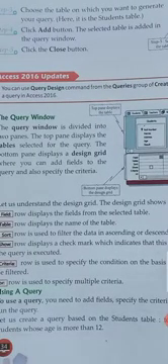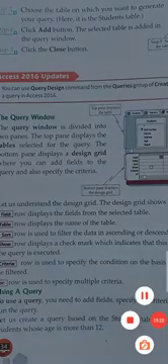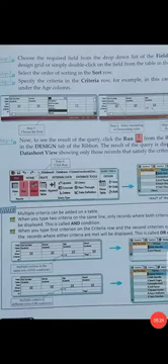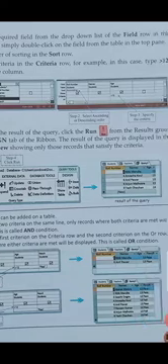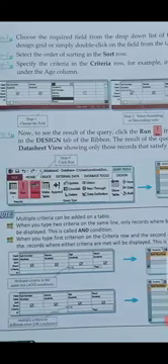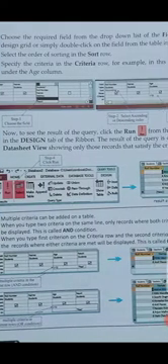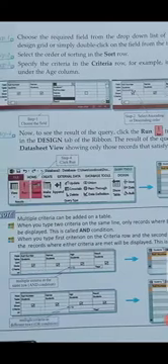Now we are going to create a query. There is a student age is more than 12. So if any student is more than 12, the name will come in the output. Okay, step first, choose the required field from the drop down list of the Field row in the design grid, or simply double click on the field from the table in the top panel. Second, select the order of sorting in the Sort row.